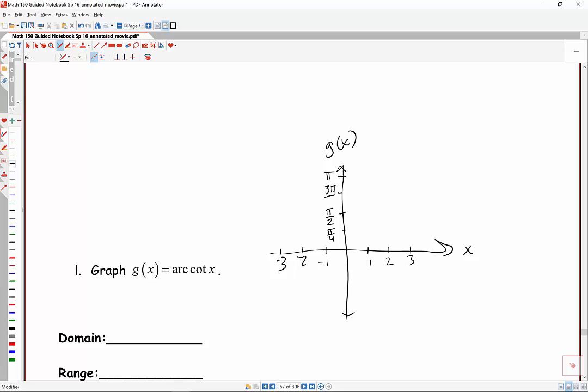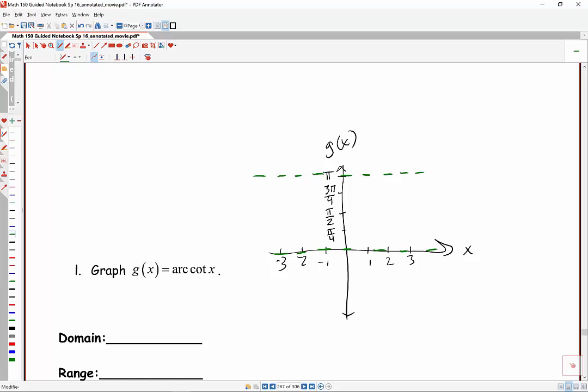We had vertical asymptotes at x is 0 and x is pi, so that'll make them horizontal asymptotes here. And we had an ordered pair at (pi over 2, 0).